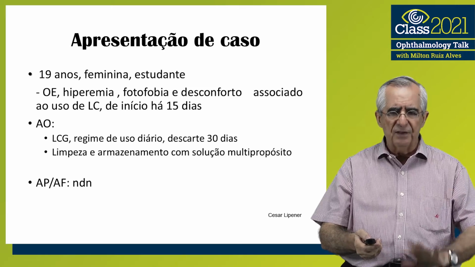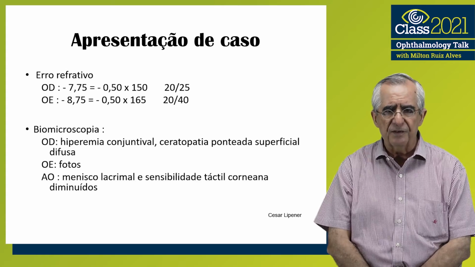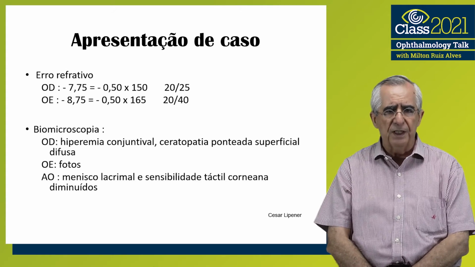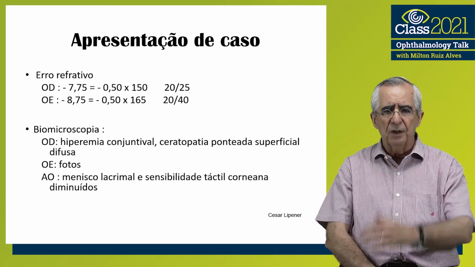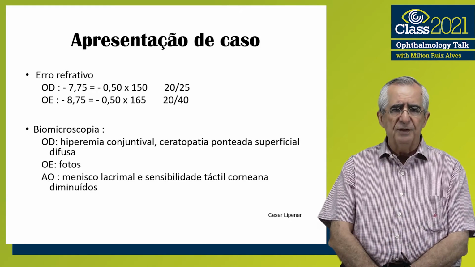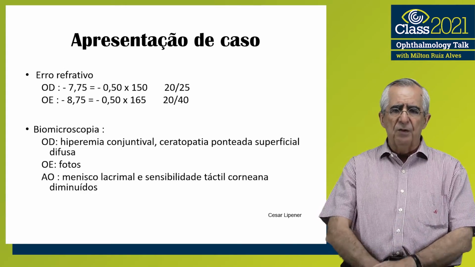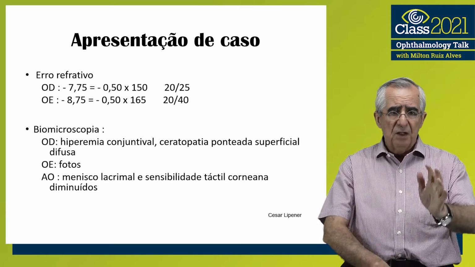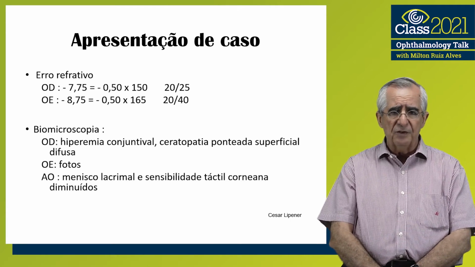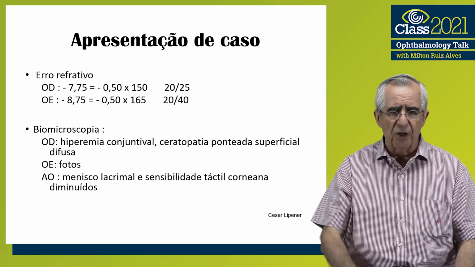Unremarkable personal and family background. The refractive error of the right eye was minus 7.75 combined with minus 0.50 on the 150-degree axis, visual acuity 20/25, and the left eye was minus 8.75 combined with minus 0.50 on the 165-degree axis, with a visual acuity of 20/40.